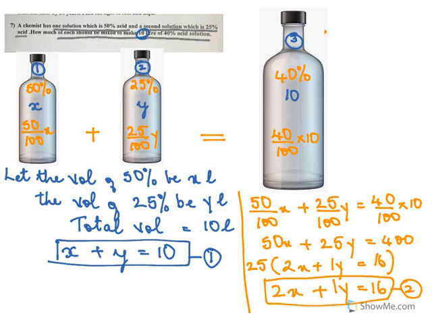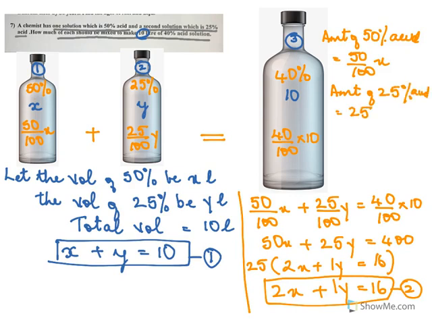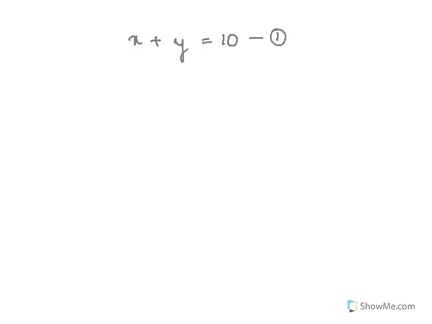However, here the statements for this will be: amount of 50% acid will be equal to 50% of X. Amount of 25% acid will be 25% of Y. And total amount of acid is 40% of 10.